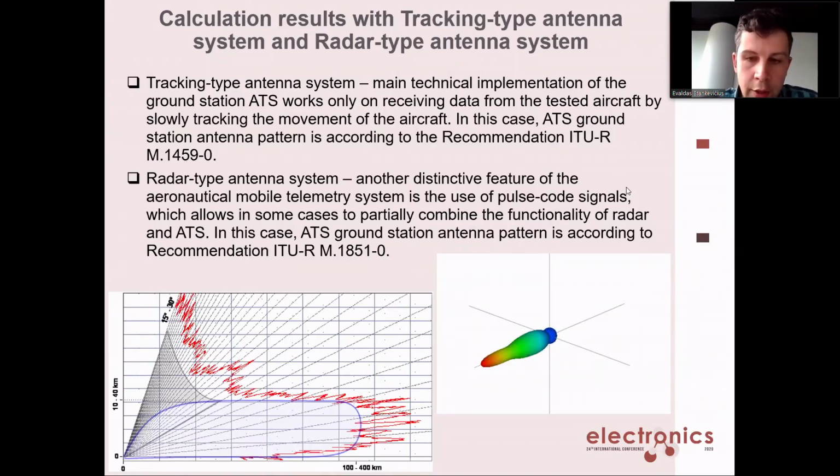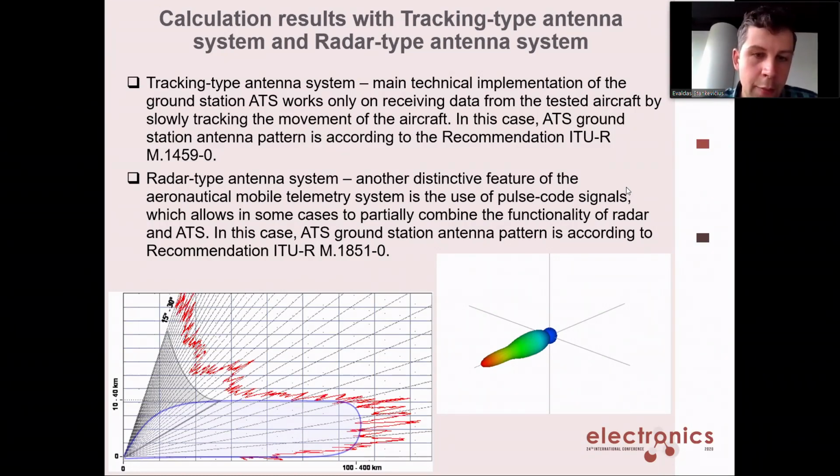These 2 antenna patterns are used for the ATS system, according to 2 different ITU radiocommunication recommendations. On the right side, we see the tracking type antenna. It is more of a narrow beam, which tracks the plane on the horizon.